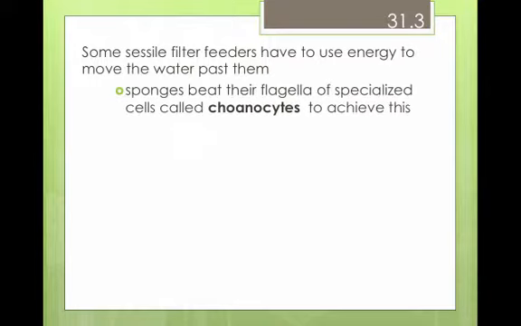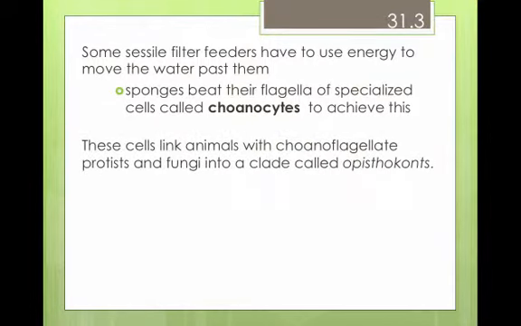They might not have ocean currents all the time, and so they have to move the water around them themselves. Sponges beat the flagella of specialized cells called choanocytes to achieve this. These cells link animals with choanoflagellate protists and fungi into a clade called opisthokonts.